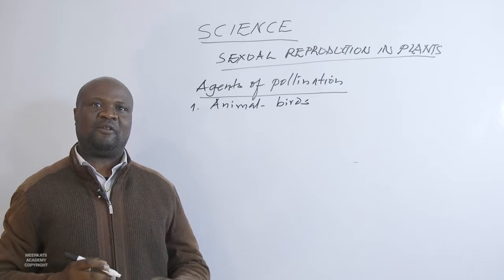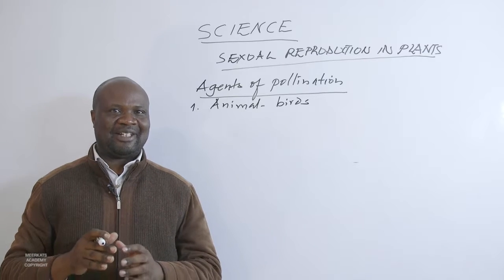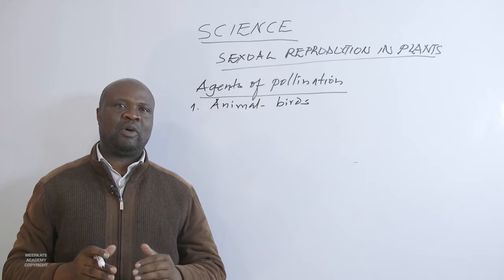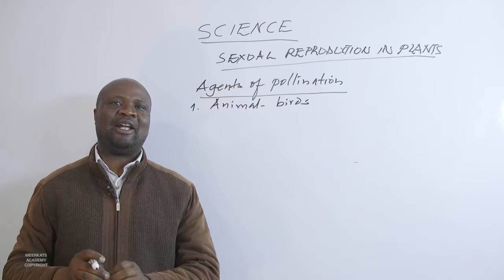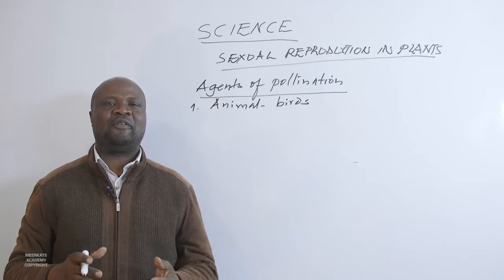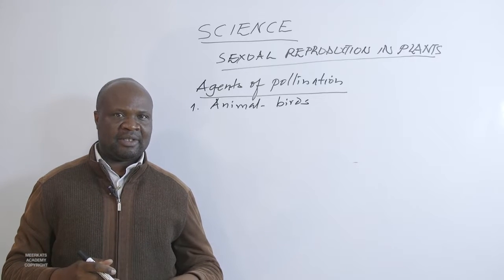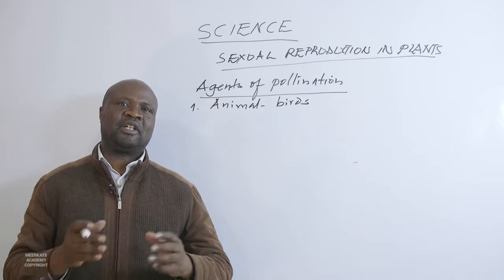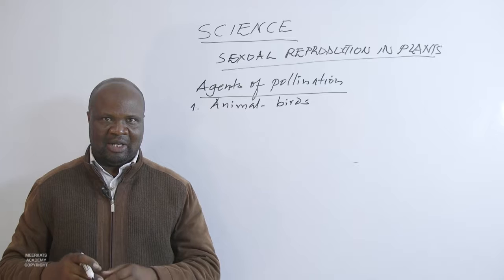Birds fly, and they are attracted by the good smell, that is the scent, and they move from one flowering plant to another. Within their feet and on their feathers, they can carry pollen grains from the anthers of these flowers to the stigmas of other plants of a similar kind.